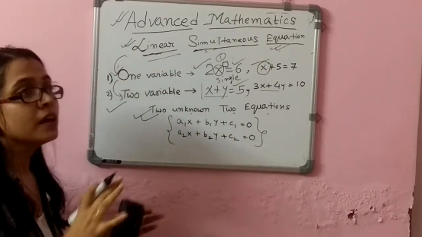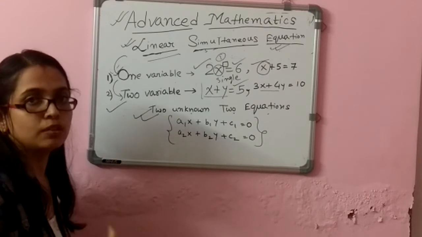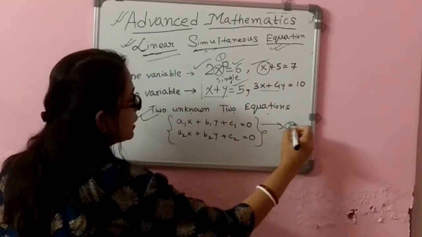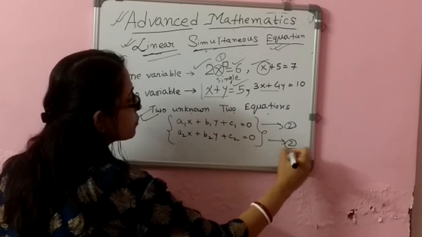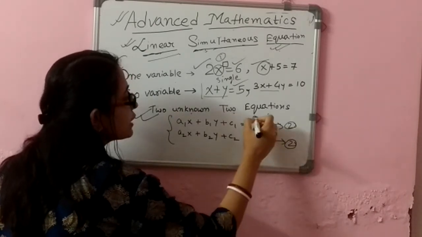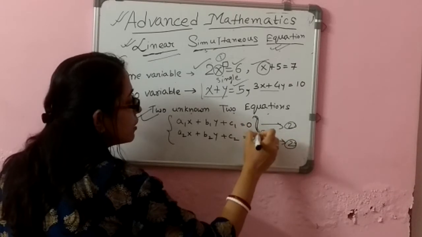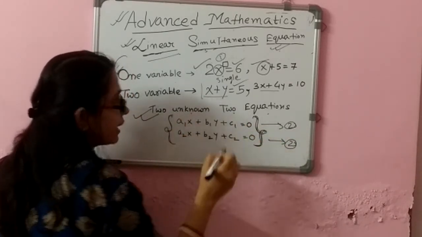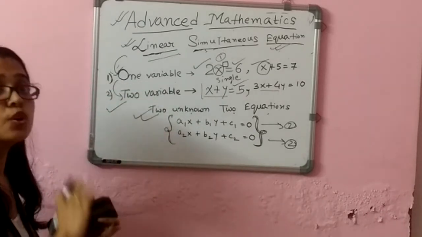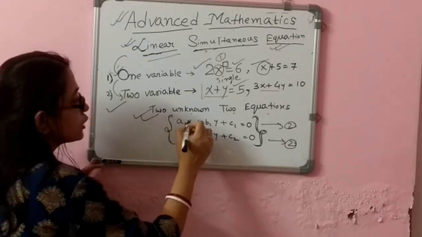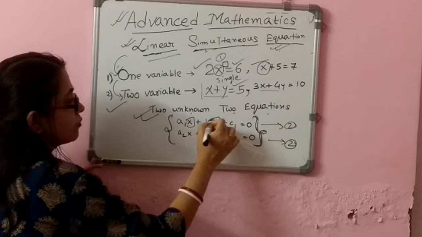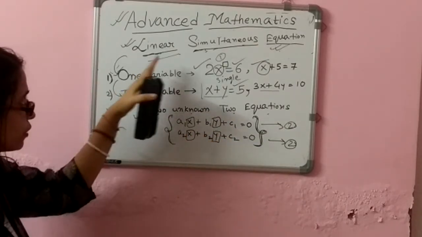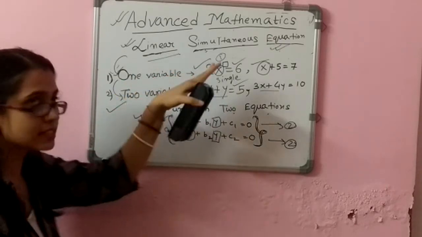This type of equation is called a linear simultaneous equation. Simultaneous means more than one linear equation. This is a linear equation of 2 variables. This is also a linear equation of 2 variables. And when in a question we are given two linear equations and asked to solve for the value of the 2 unknown variables from both equations, that type of equation is called a linear simultaneous equation.